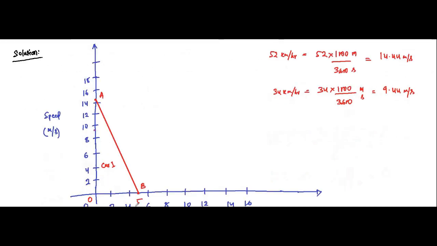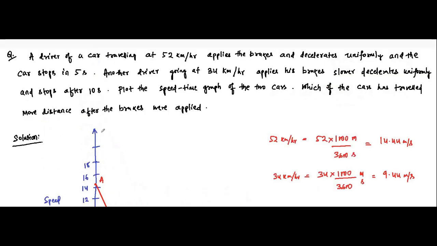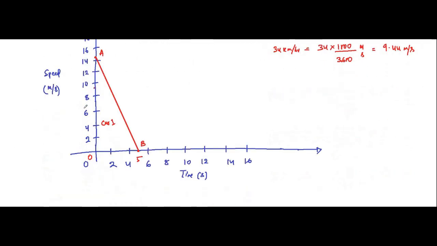That's why this is a straight line with no curve, after 10 seconds. So we'll draw a line from 9.44 to 10. Okay, this is for car 2.